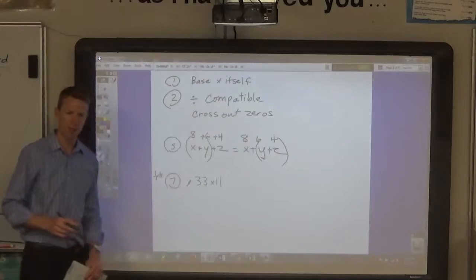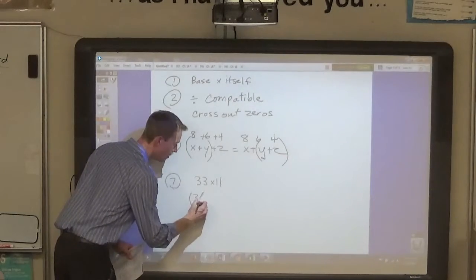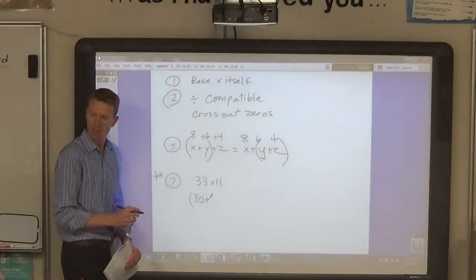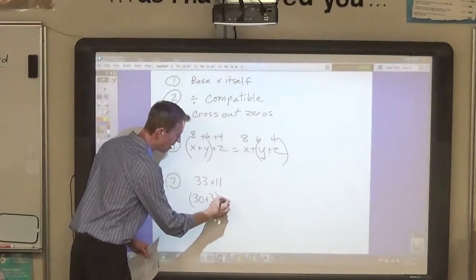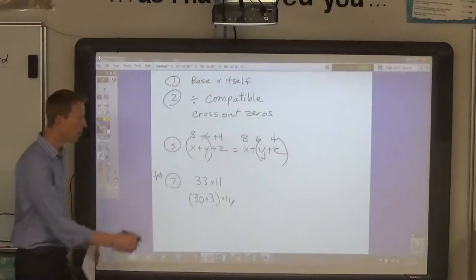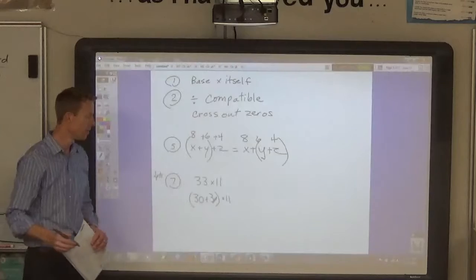How could you write 33? 30 plus 3 times 11. And then multiply 11 times each of the numbers and add them together.